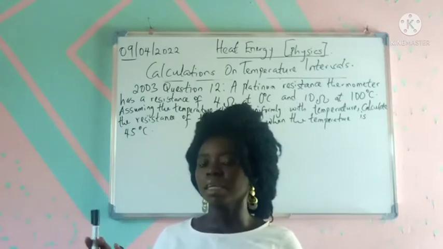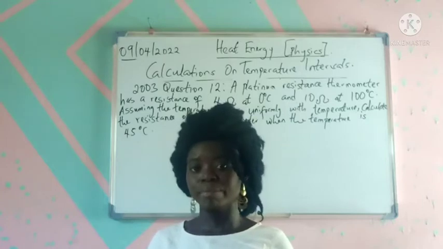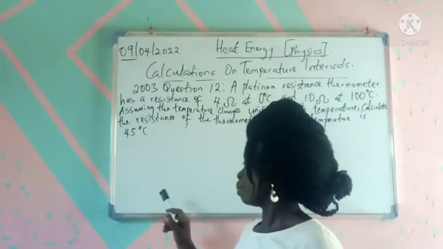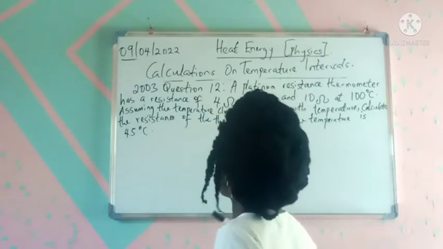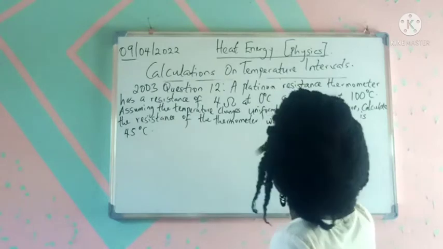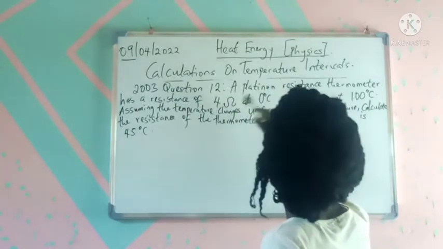Just for JAMB candidates, if I see a question like this, we are going to be given different options of A, this, B, that. I know that whatever I get as my answer should be within the range of 4 to 10.